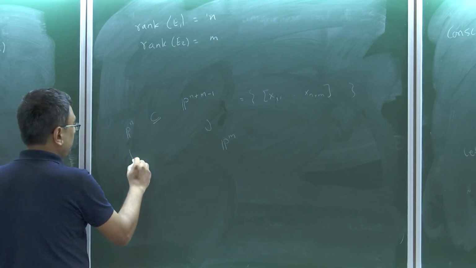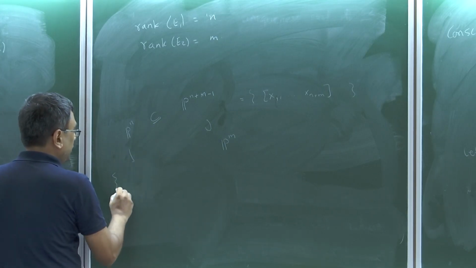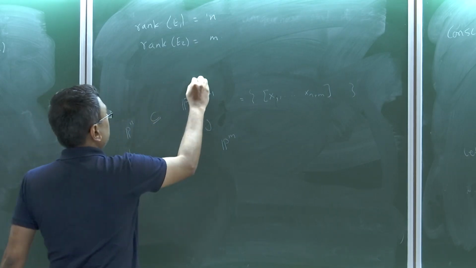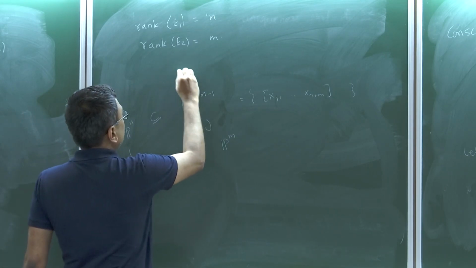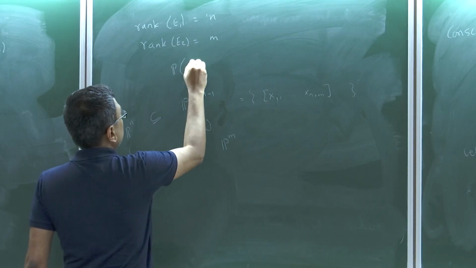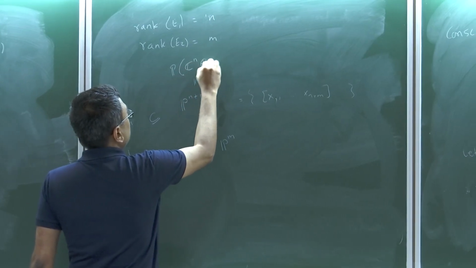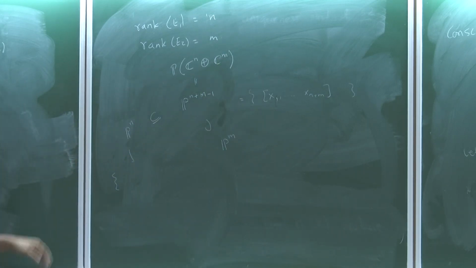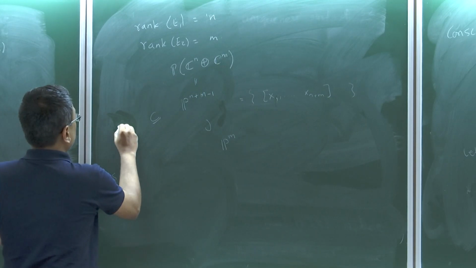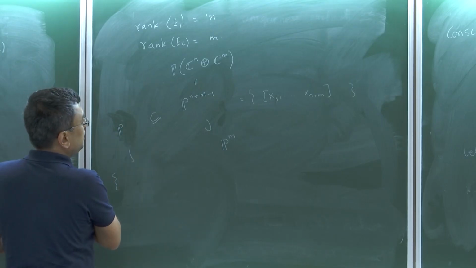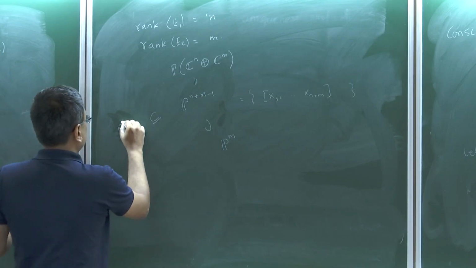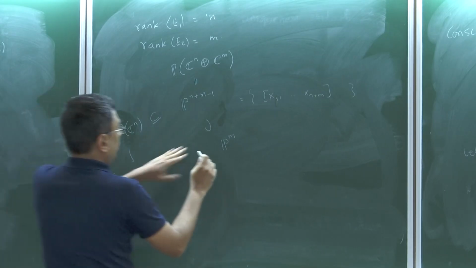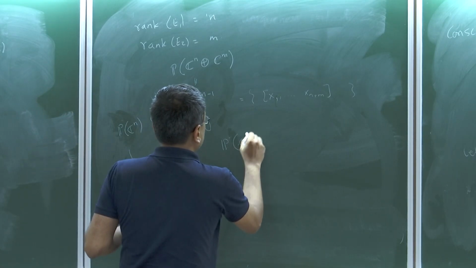So this copy is the set of all points, which I am viewing as the projectivization of Cn direct sum Cm. Sorry, this is P n minus 1 and P m minus 1, so my dimensions were wrong. So the projectivization of Cn, and here I am looking at the projectivization of Cm.